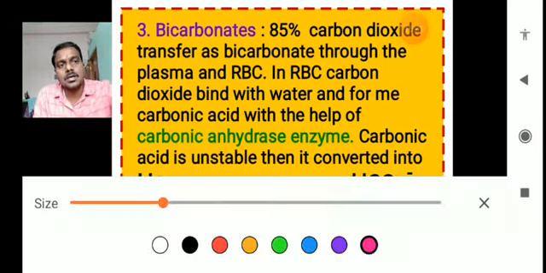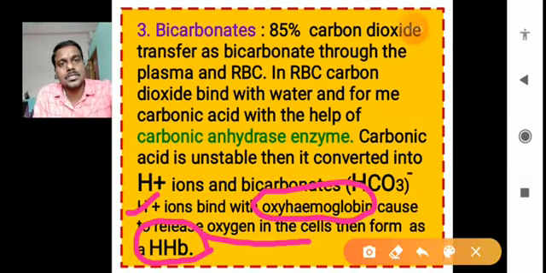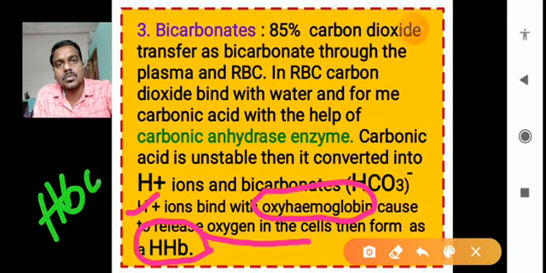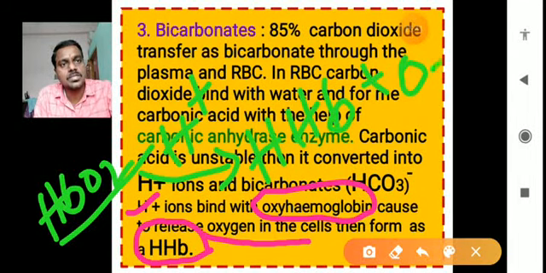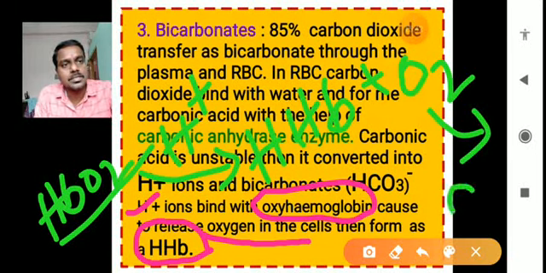See here, HbO2, this is oxyhemoglobin. This oxyhemoglobin is affected by H plus ions. The HHB is formed. Then the oxygen is released into the cell.